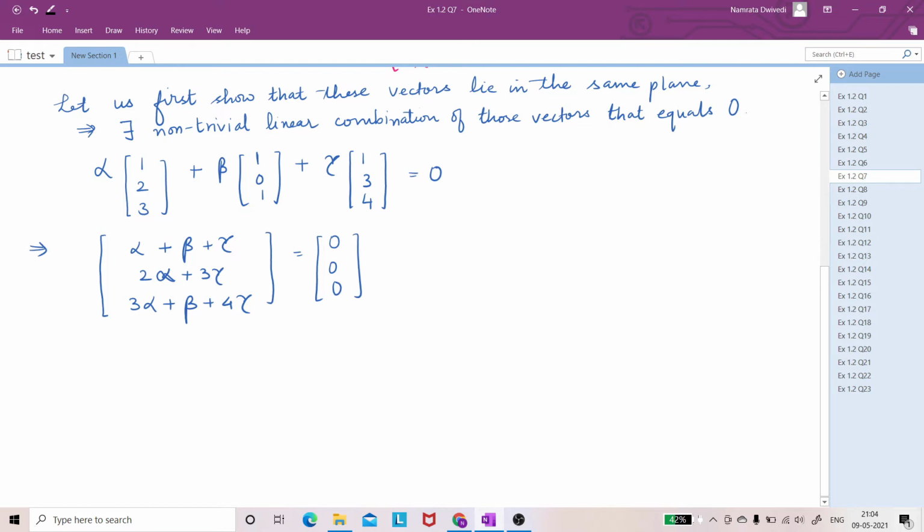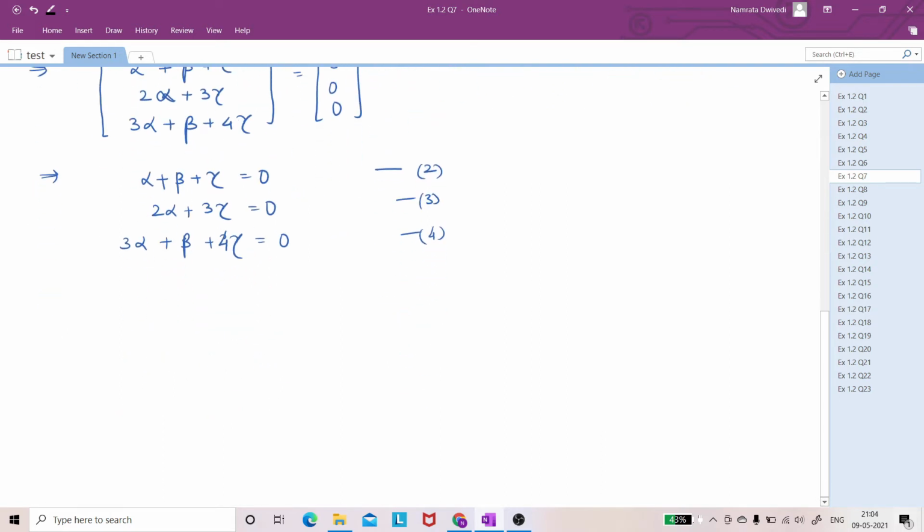So now using this, we get equations. I'll rewrite the equations. Alpha plus beta plus gamma equals 0. Then 2 alpha plus 3 gamma equals 0. Then 3 alpha plus beta plus 4 gamma equals 0. So this is 2, 3 and 4.